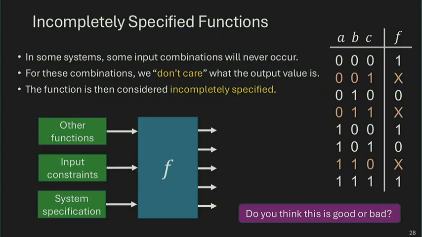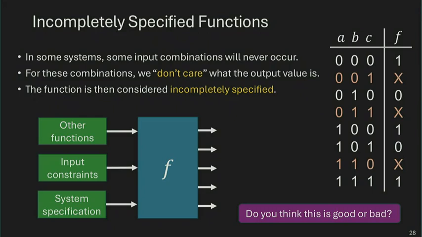Yeah. So I think Judy brought up two important points. For one thing, we can put them as either 0 or 1 if they are truly don't cares. And we can choose 0 or 1 so that we get the maximum minimization out of it. Whichever assignment gives me more room for optimization, I'm going to go with that. So it's probably good for optimization purposes. You have more flexibility.